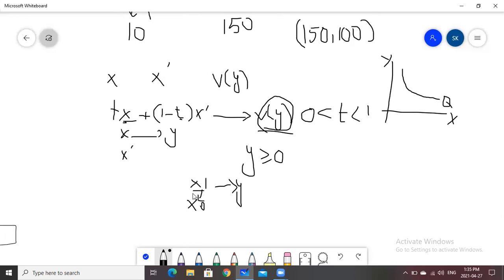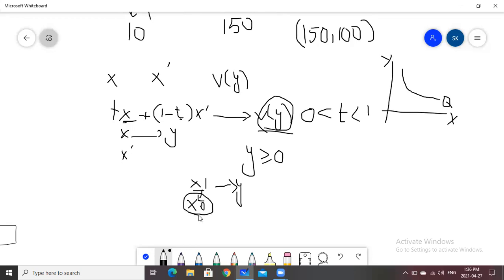We can say that the input bundle in the sequence gets arbitrarily close to x naught. By converging of x1 to x naught, it means it will come very close to this bundle, x naught. Suppose Vy is a closed set, then this limit bundle x naught must be capable of producing y.